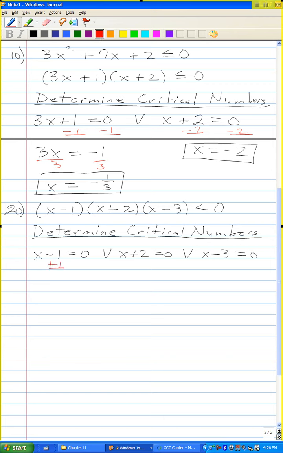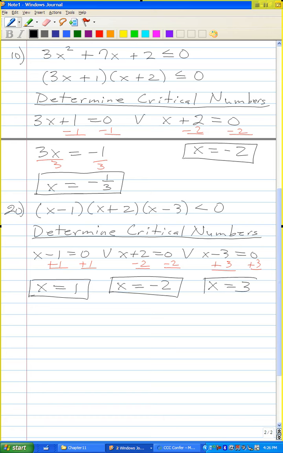Add 1, subtract 2, add 3 to both sides of my equation. So x is equal to 1, x equals negative 2, x equals positive 3.